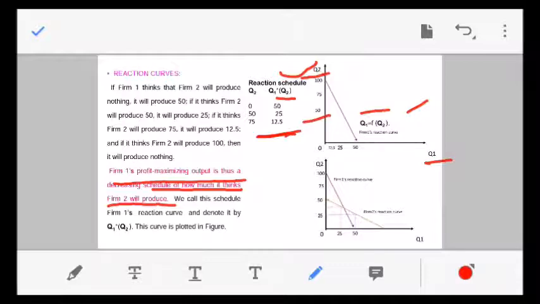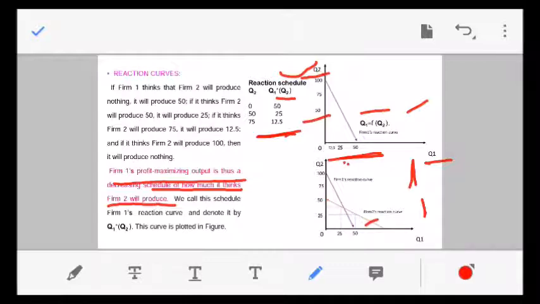So the reaction curve of farm 1 is declining, because as the quantity production of farm 2 increases, farm 1 production decreases. So this side is the expected output of farm 1.